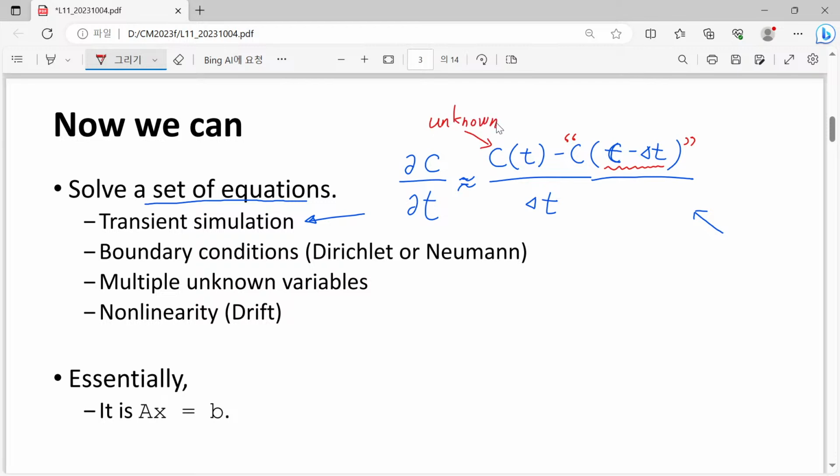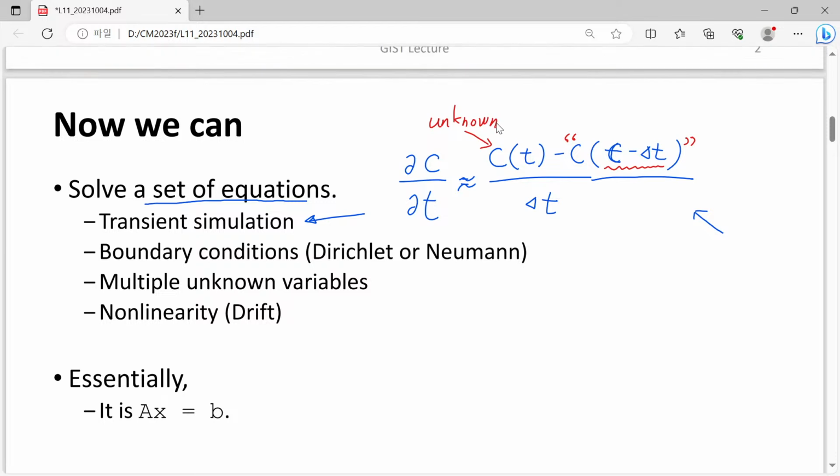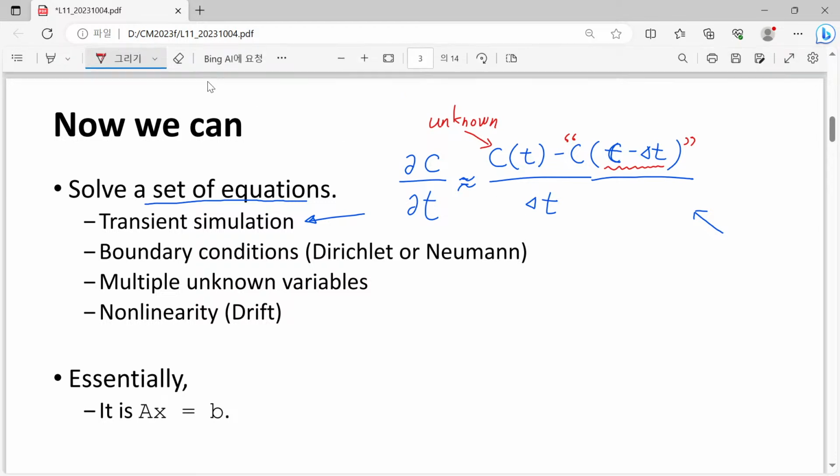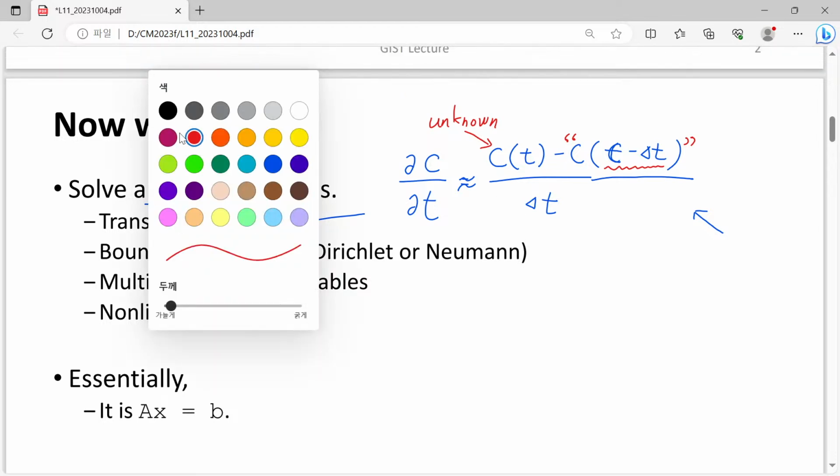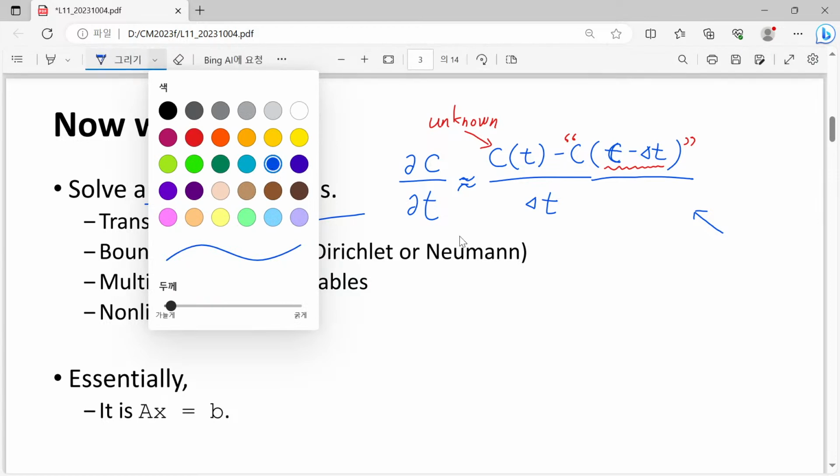So when the past values are given, then we can just solve the present value with just conventional steady state simulation technique. That was one thing we have studied in our previous lectures.